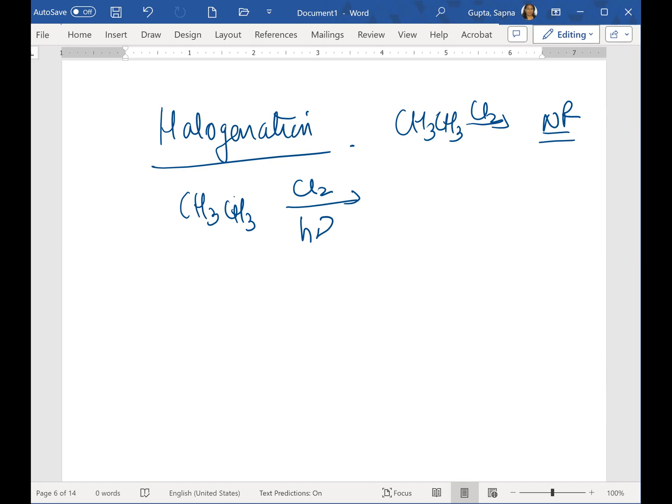So make sure you write the energy source to show a free radical reaction, and that's how you'll see it from me also. I always show you that this is a free radical reaction by writing energy on there. So this one will give you CH3CH2Cl. No problem, that's fine, it'll work. Now you have to control this reaction before multiple substitutions start happening.